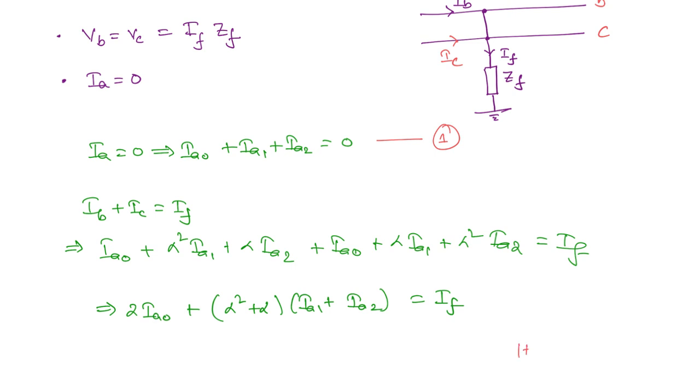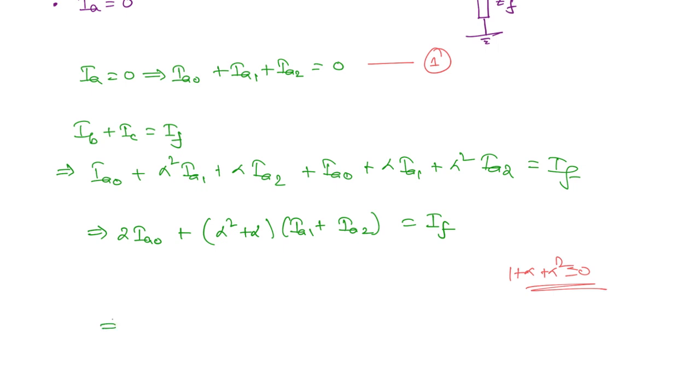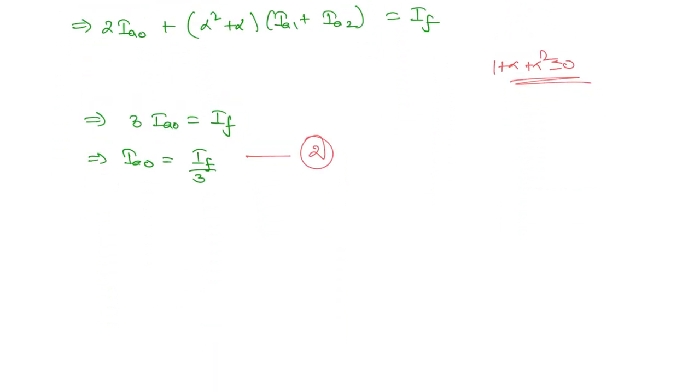Because 1 plus alpha square is 0. You can verify it later. Okay. So this final expression you are going to get 3 times IA0 is equal to fault current. That means IA0 is equal to IF by 3. Okay. So this is the second relation. Next we will consider the symmetrical components of voltages.